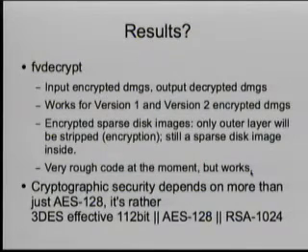Now, the result that we have is something called vfdecrypt. Actually, that's a spelling mistake on the slide. It should be a V and an F instead of an F and a V. What it does, you feed it an encrypted image, either a sparse image or a non-sparse, UDIF image, and it outputs the decrypted image if you have the correct passphrase.